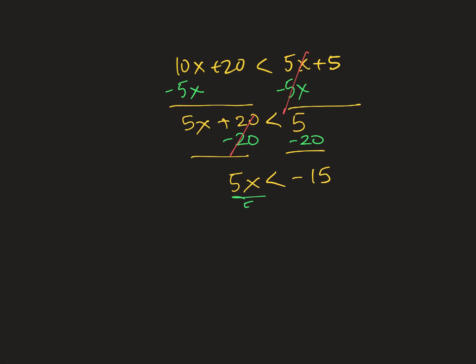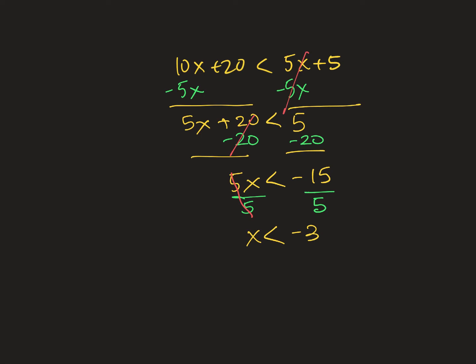But again, we're dividing by a positive 5. So even though on this right side we're going to get a negative 3, I divided by a positive number. So less than stays less than. The 5's cancel out to 1. 1 times x is x. Negative 15 divided by 5 is negative 3.